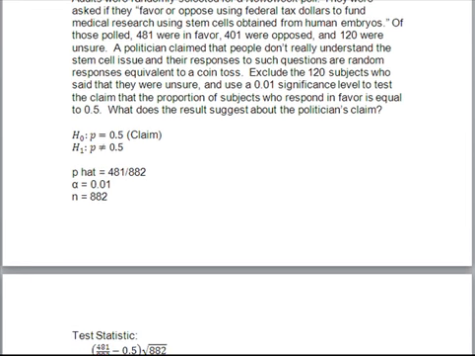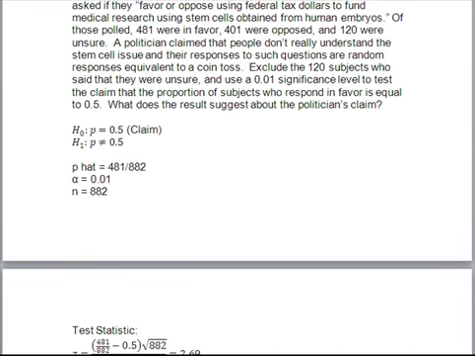All right, so our null hypothesis is the politician's claim, p equals 0.5, and notice I've identified that as the claim. That plays a part in the type of wording that we will use in our final conclusion.